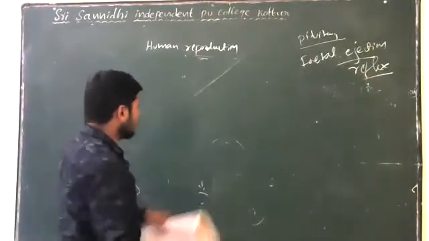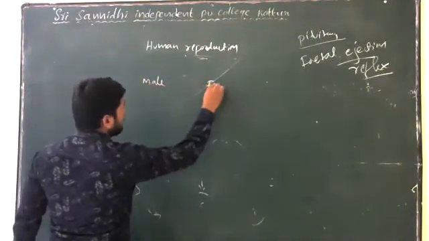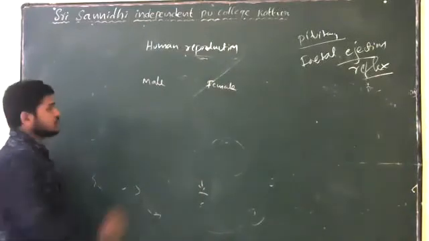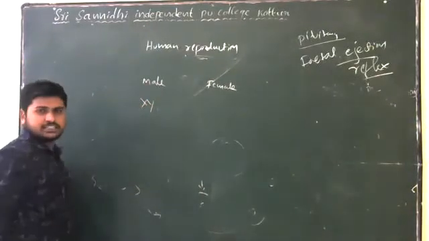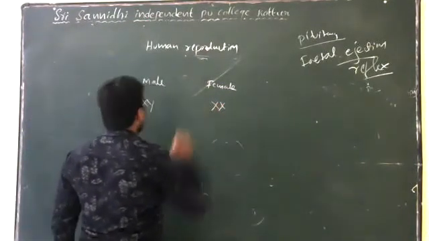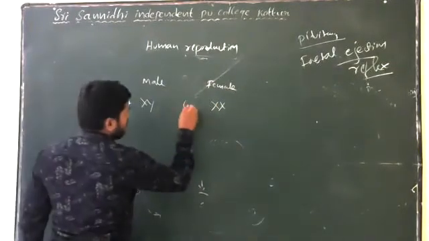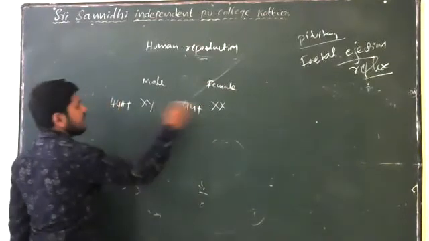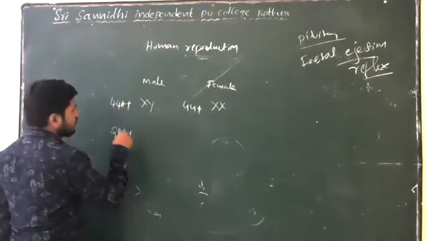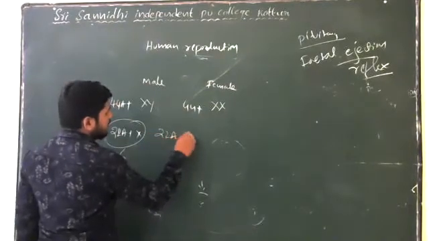Here, notice, in male and female individuals, the male individual contains allosomes, what we call sex chromosomes, XY. Female individuals contain sex chromosomes XX along with the autosomes: 44 autosomes plus XX, and 44 autosomes plus XY. Autosomes are common. 22 autosomes plus X is one gamete, one sperm. 22 autosomes plus Y is another gamete.